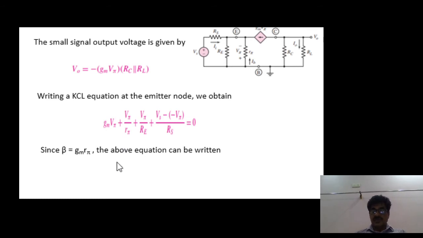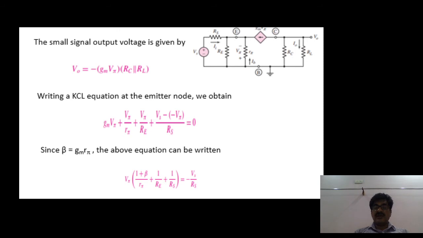So finally if you take V pi as common, then the modified equation is like this: V pi times (1 plus beta divided by R pi plus 1 by Re plus 1 by Rs) equals, in the last term we have Vs by Rs, right? If I send that term to the right hand side, it becomes minus Vs divided by Rs.